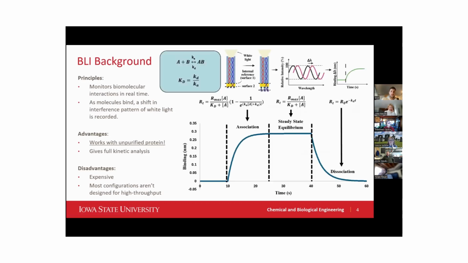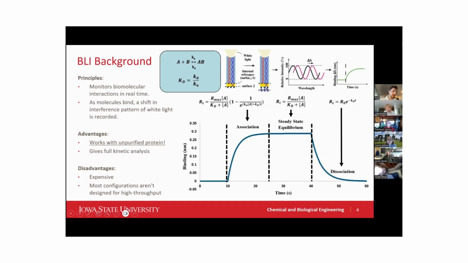The next part I want to talk about is, once we express and generate our protein, we want to characterize its affinity. To characterize affinity for our nanobodies, we're using biolayer interferometry, or BLI. BLI works by using biosensors that can measure the interference pattern of white light off of the surface of the biosensor.